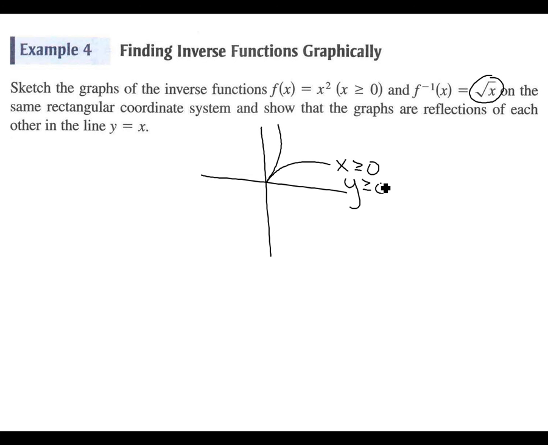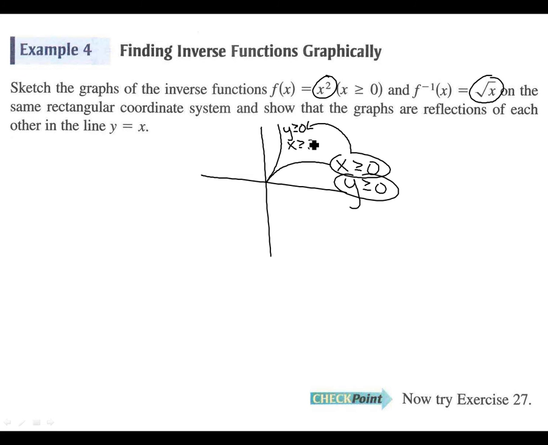So knowing that, if we were to flip it, we would take this x and we would say for the other function, x squared, y has got to be greater than or equal to 0. And then flip this one to get x is greater than or equal to 0. Just a reminder that we're always flipping the domain and range for our inverse functions. So keeping that in mind, try exercise 27.